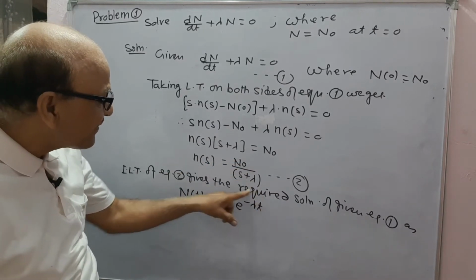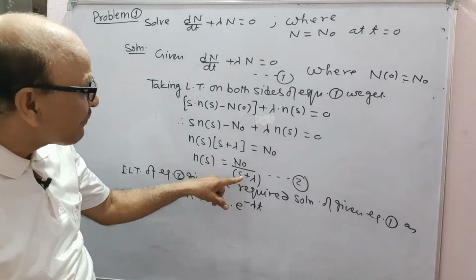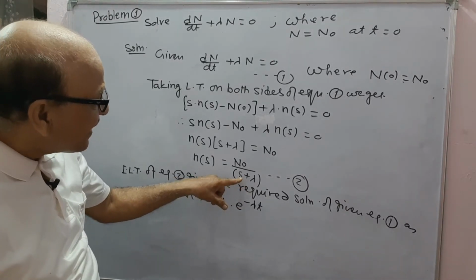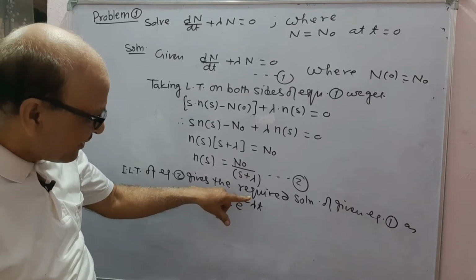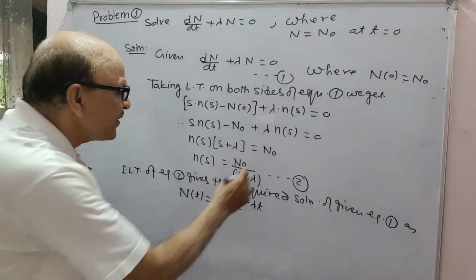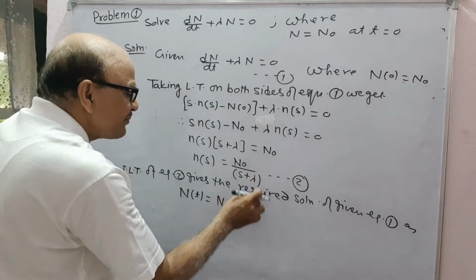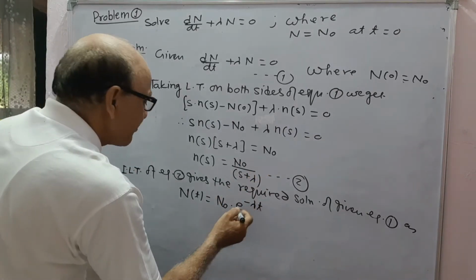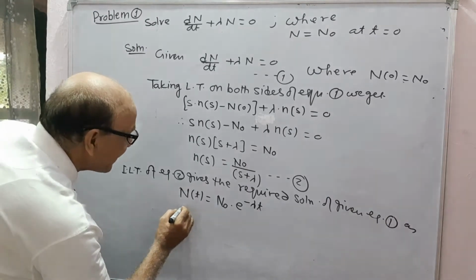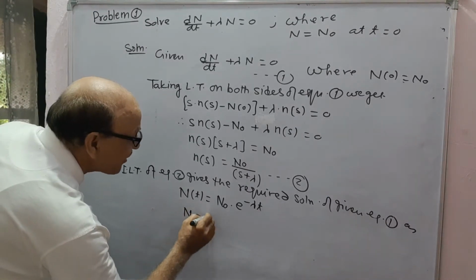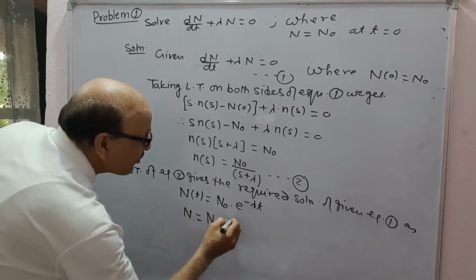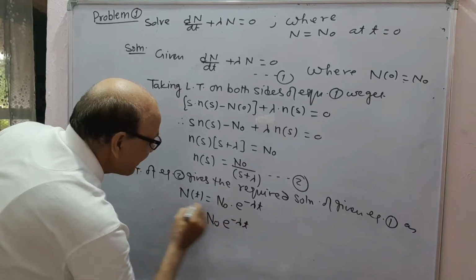Therefore its Laplace transform will be 1 upon s plus lambda. Okay? Therefore the inverse Laplace transform of 1 upon s plus lambda will be e to power minus lambda t, or simply you can write it as n is equal to n naught e to power minus lambda t.